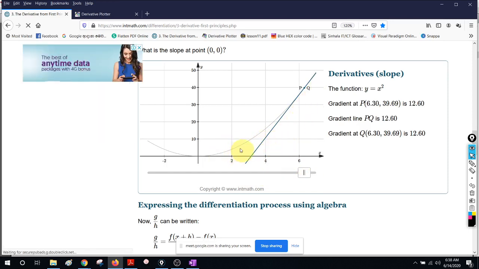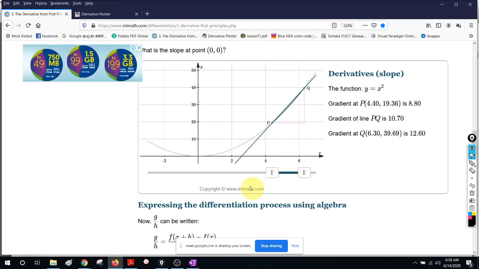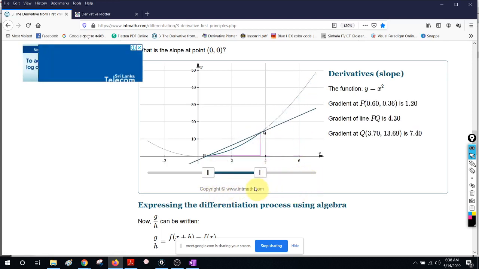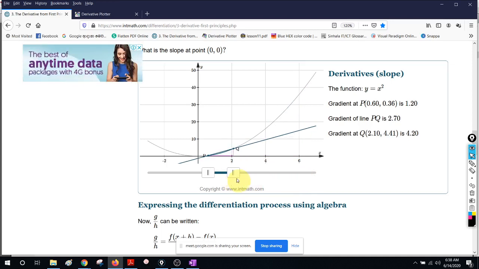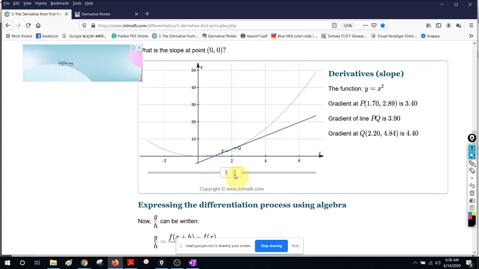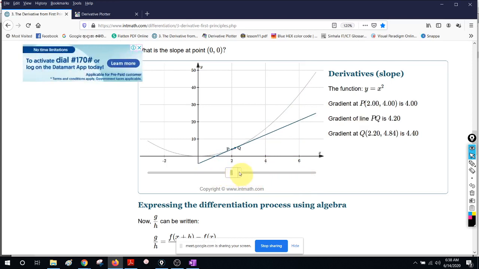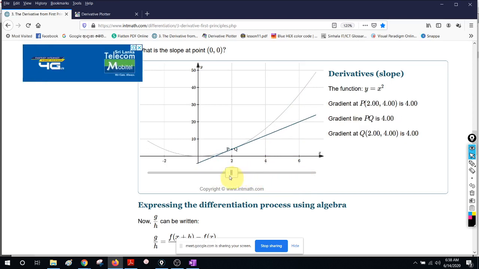If I want to find the rate of change at 2, it is going to be something like this, a little bit lesser.